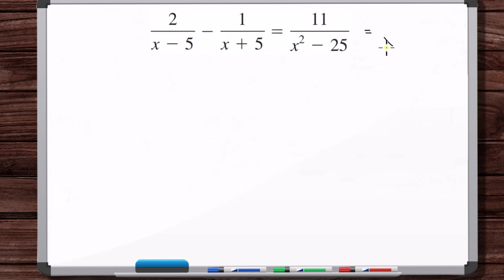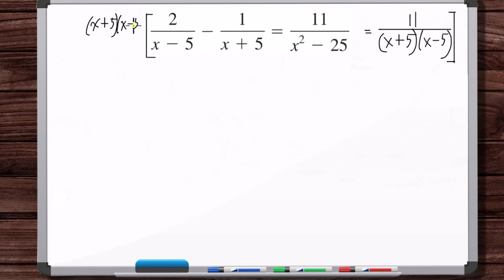We can factor this. This is a difference of 2 squares. Okay, now we've got, so let's multiply by x plus 5 times x minus 5.